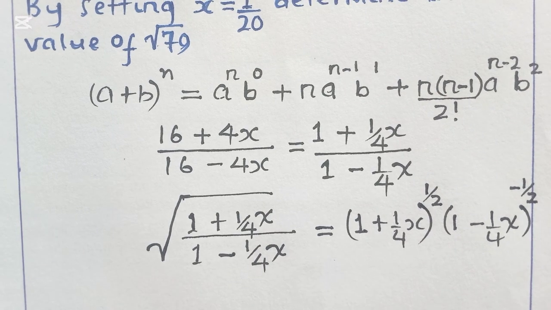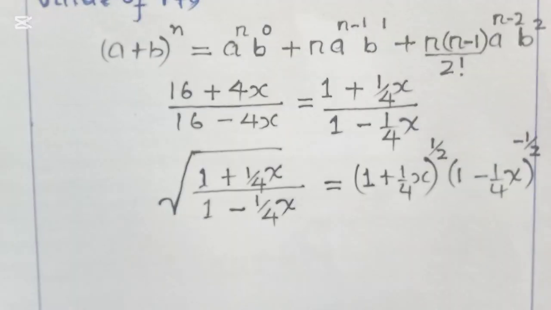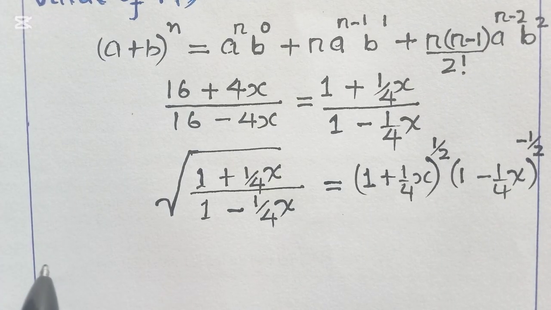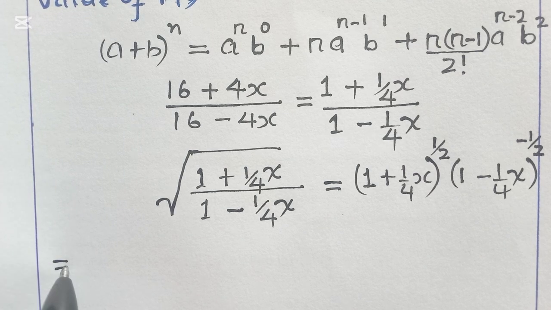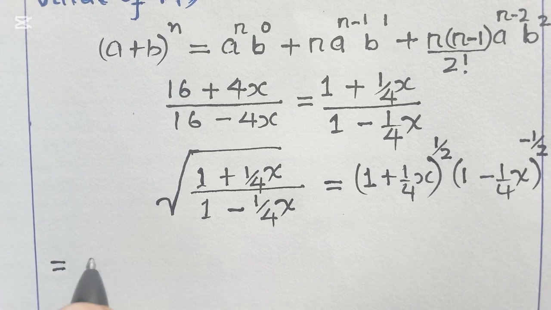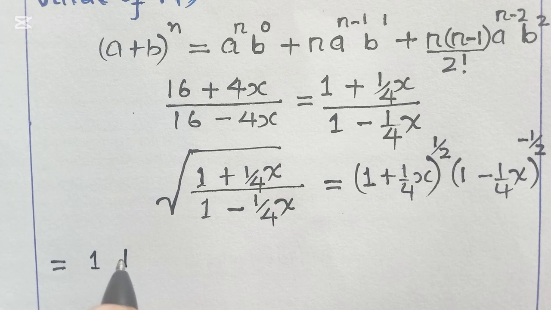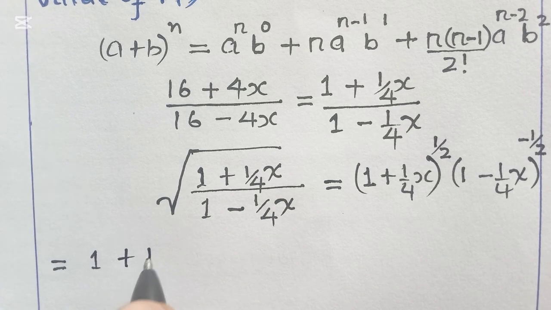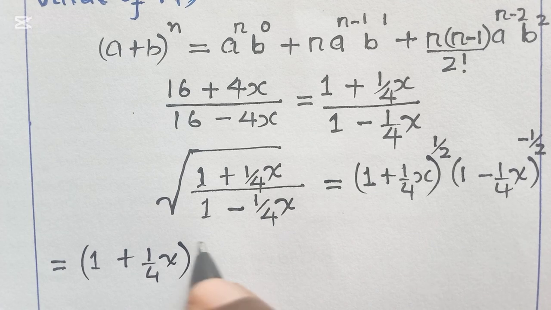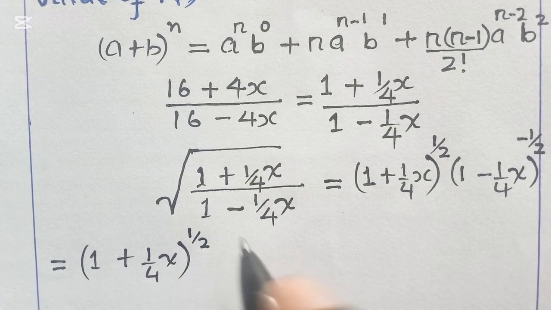So let's look at those expansions, guys. We do the first one, (1 plus 1 over 4 x) raised to a half.